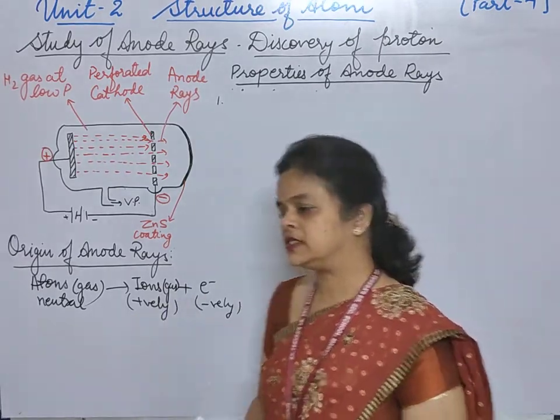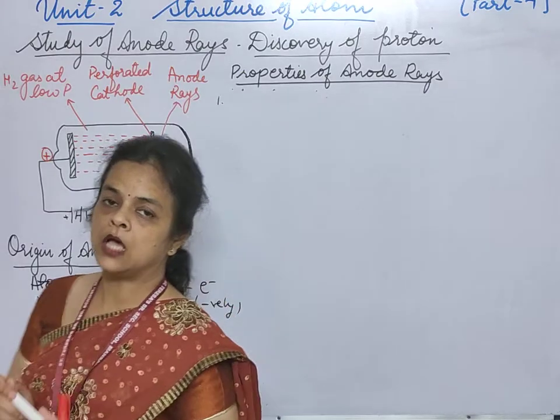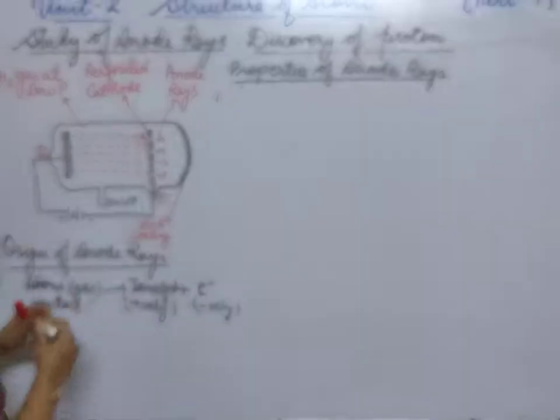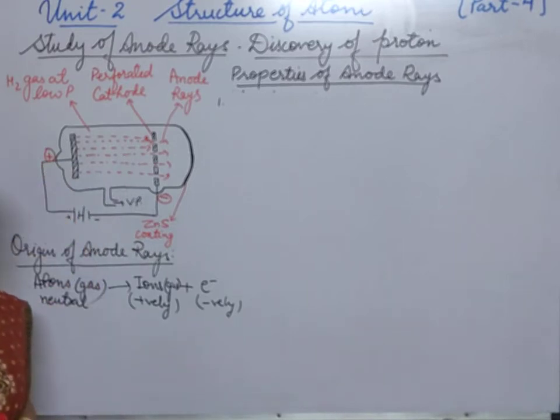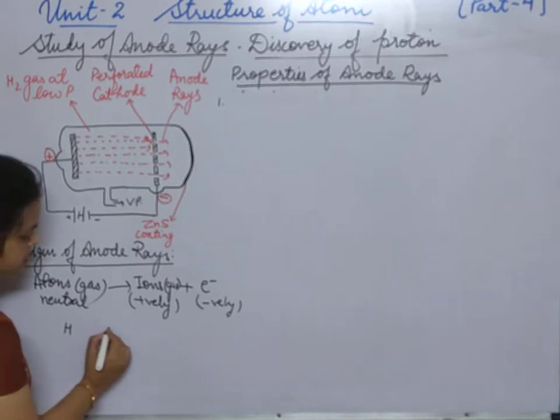So we can say that the anode rays are produced by the gaseous atoms present between the two electrodes.